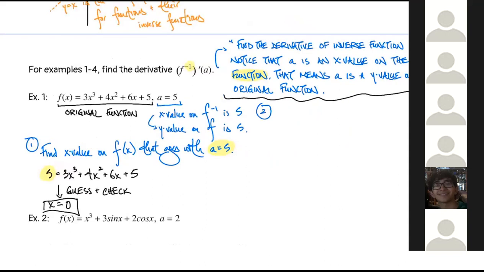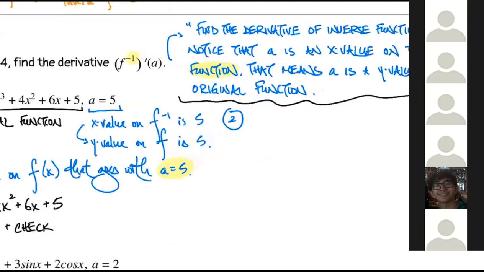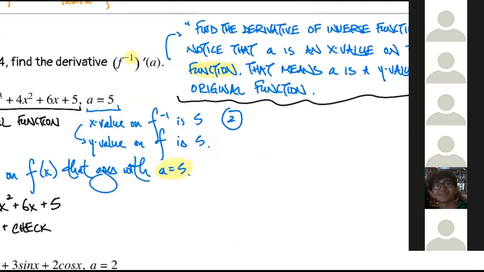For step 2, what we're going to do is find f prime of the x value from step 1. Okay, so we're going to find the derivative, and then we're going to plug in the x value that we got from step 1.